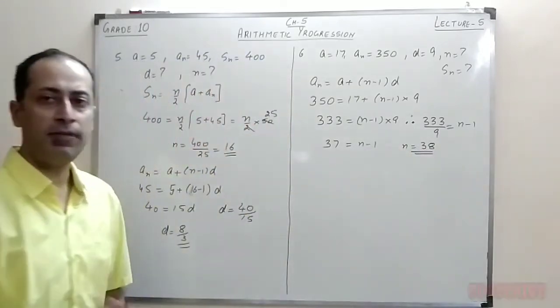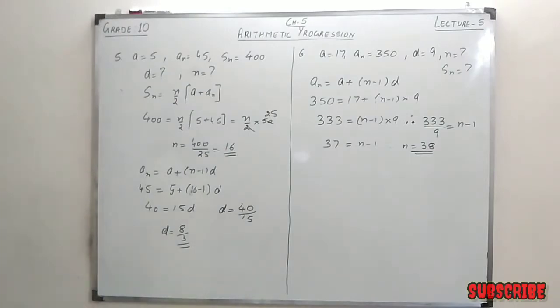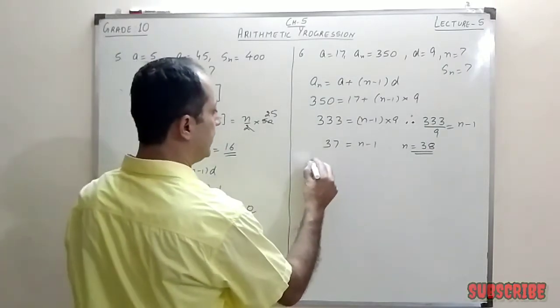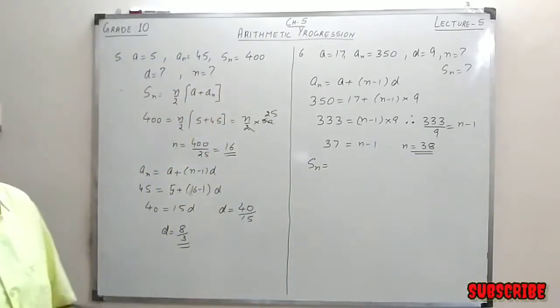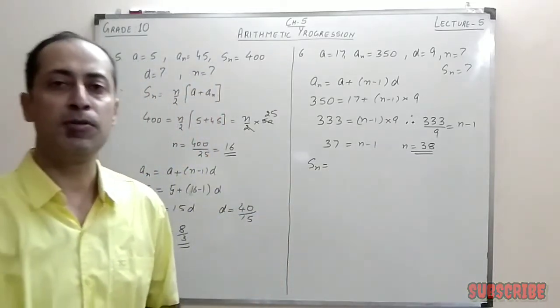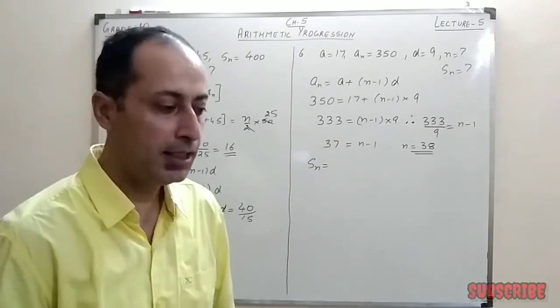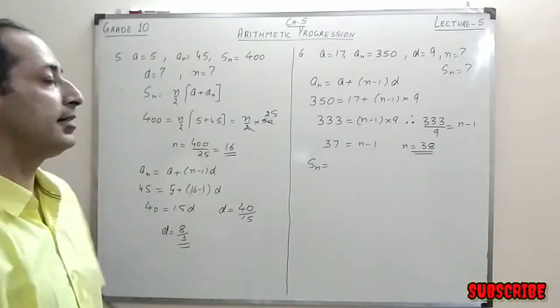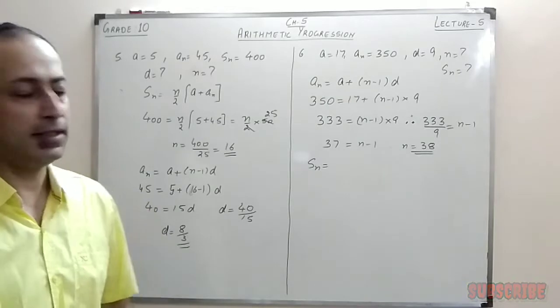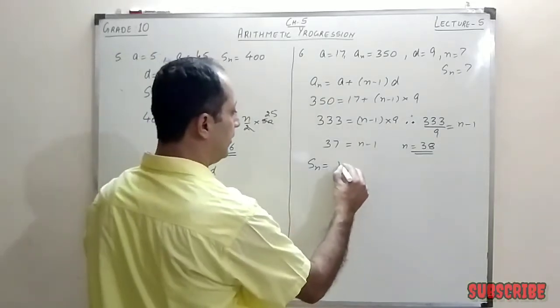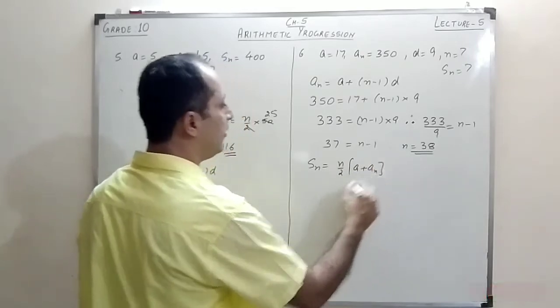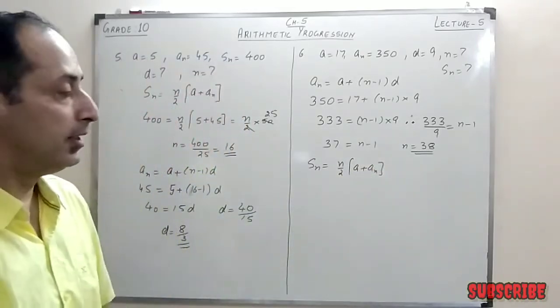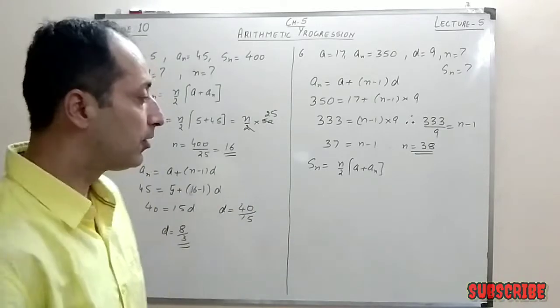So we get the value of n as 38, and then we can find the value of Sn. Here, instead of applying the complete relation, n by 2 into 2a plus n minus 1 into d, we can also apply this relation: Sn is equal to n by 2 into a plus an. Since the first term and the nth term are given, I can directly do it with this relation.